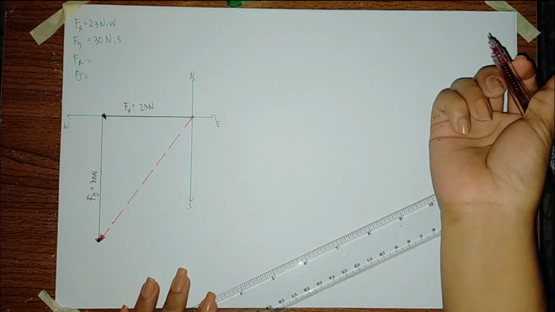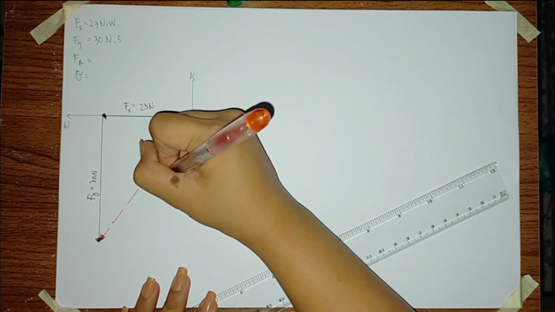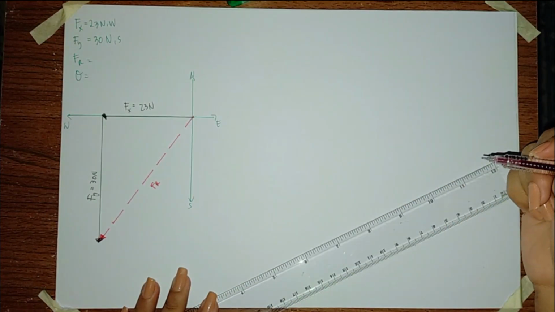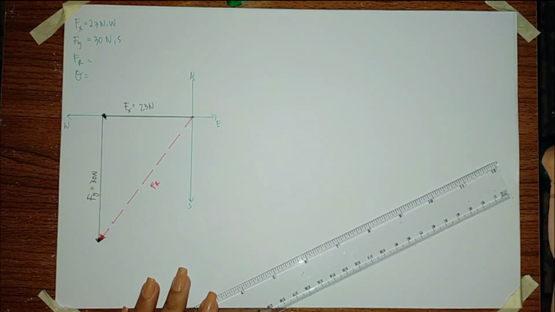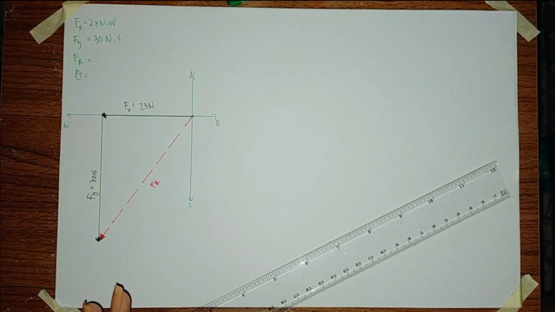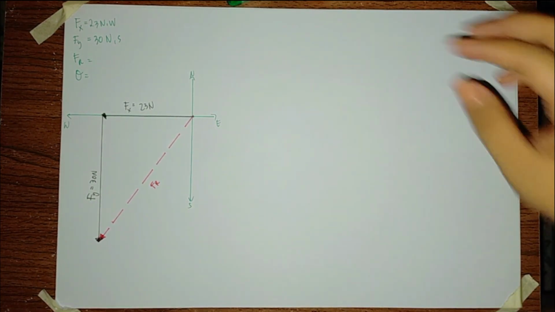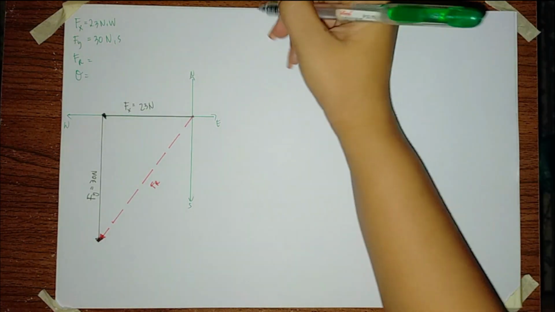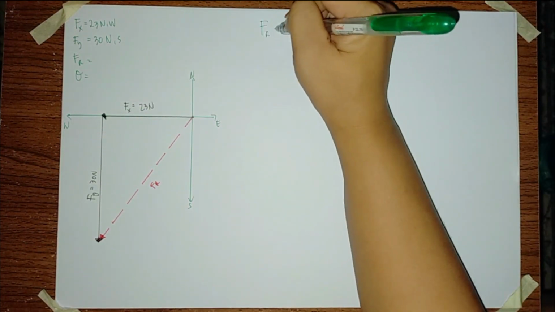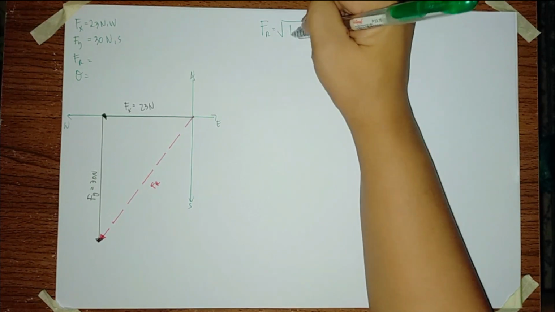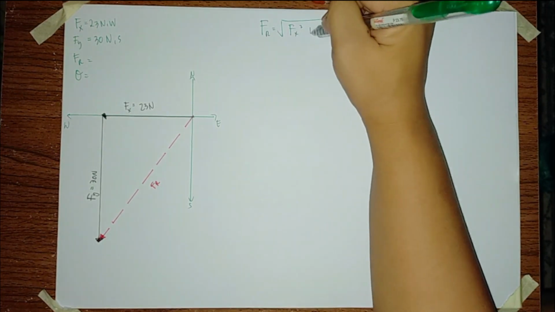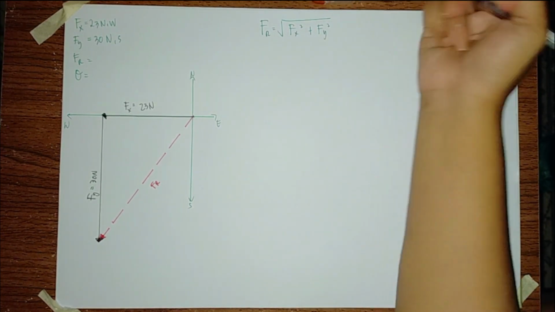Okay, so there. So this is for the F sub r. So now we will find our F sub r. Now to solve for the F sub r, of course, let's use the Pythagorean Theorem. I know you often use the Pythagorean Theorem. So we have F sub r is equal to the square root of F x squared plus F y squared.